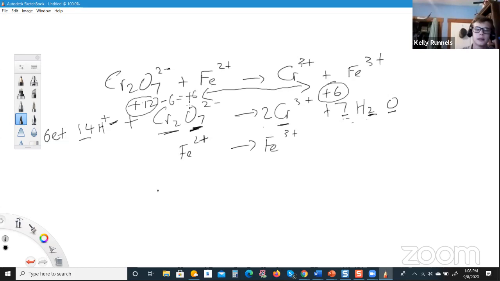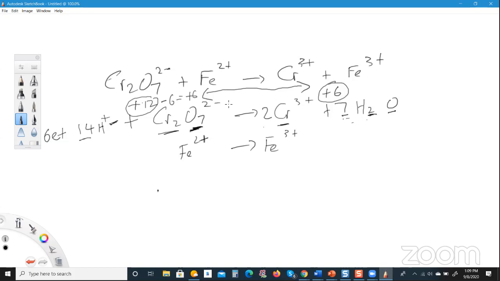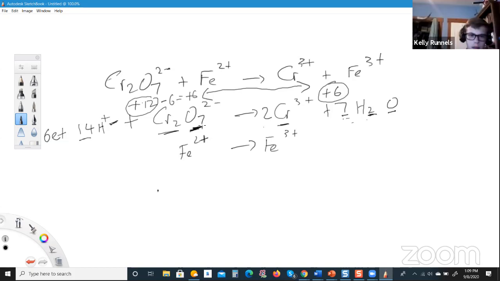When we did the chromium and oxygen before, we separated the chromium and the oxygen and figured that the oxidation number of 7 in total was negative 14. Okay. Why isn't that the case in this?